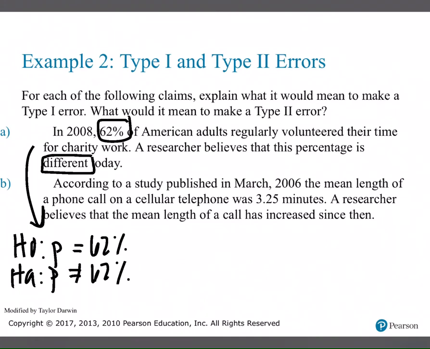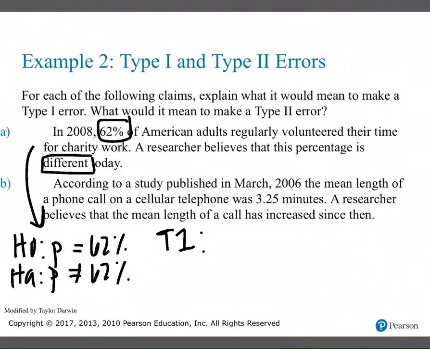So for a type 1 error, I'm just going to call it T1. That would be us saying that it's not 62%. So that's saying we found evidence that 62% of American adults do not volunteer their time, but really they do.